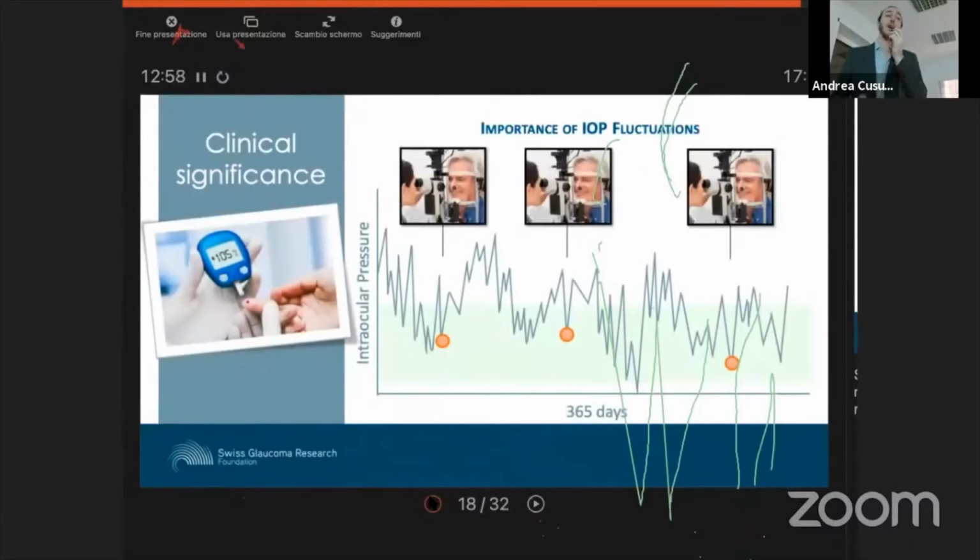And what one of my colleagues, Professor Tony Realini in the US, tends to say is controlling glaucoma based on just 3 intraocular pressure readings when the patients come in clinic 3 times a year is very much like trying to control diabetes by taking 3 random glucose readings through the year, but not really knowing what the glucose is doing the rest of the time. It is exactly the same with glaucoma and intraocular pressure.